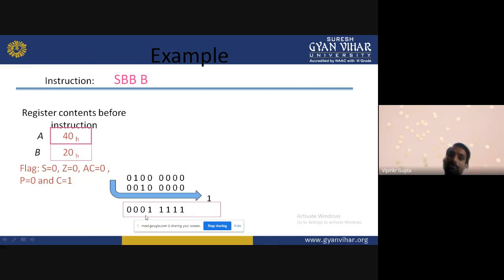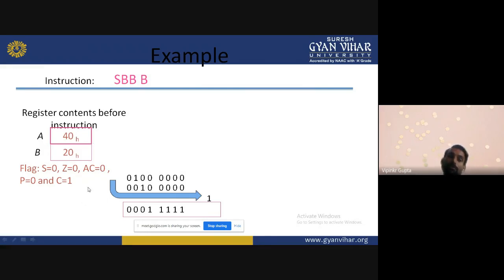So 10 minus 1, 1. Now 1 is already there and 1 is coming for taking this borrow. So it's 10. So 1 minus 10 is not possible. So we are taking 1 borrow here. So 10 minus 10, it's 0. And 1 minus 1, it's 0 and 0. So what is the flag value? First we will check the flag value.